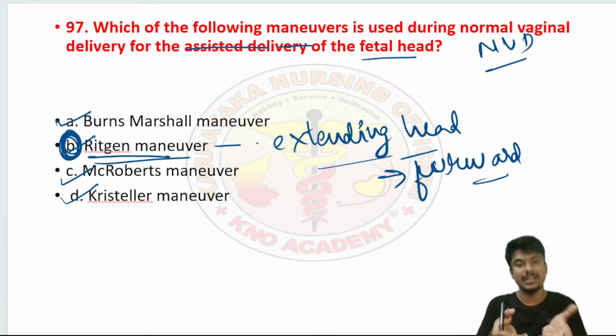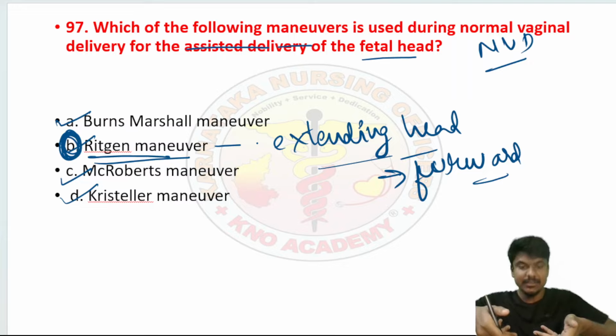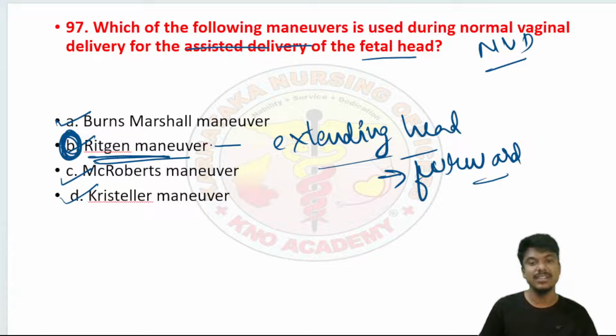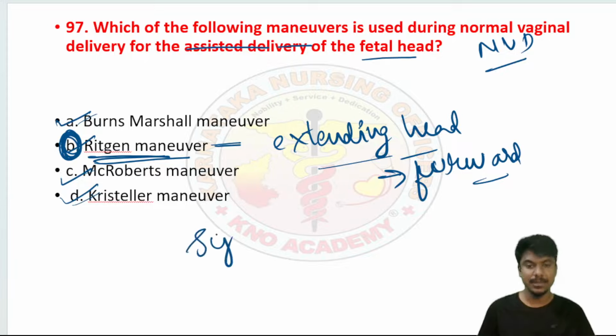By this technique, we'll lift and extend the head of the baby and bring it forward, followed by the whole body of the baby. That is your Ritgen maneuver, used for normal vaginal delivery. The Bird Marshall, McRoberts, and Chrysler maneuvers are all used for shoulder dystocia. For shoulder dystocia we use the McRoberts and Bird Marshall maneuvers.